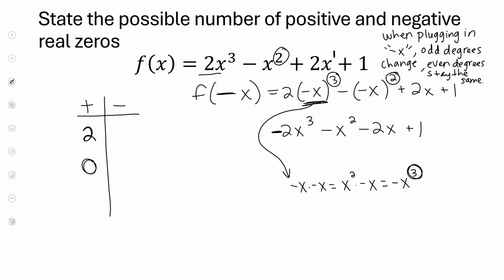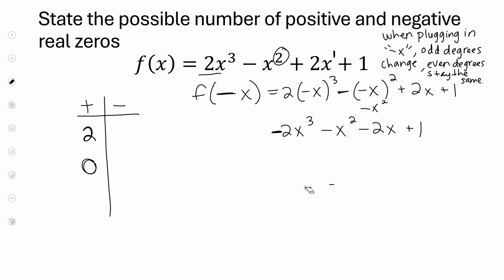An even degree, as we saw right here, made it positive. A negative x times a negative x gave you a positive x squared. So this became a positive x squared, and then you have a negative in the front. Nothing changed, okay?